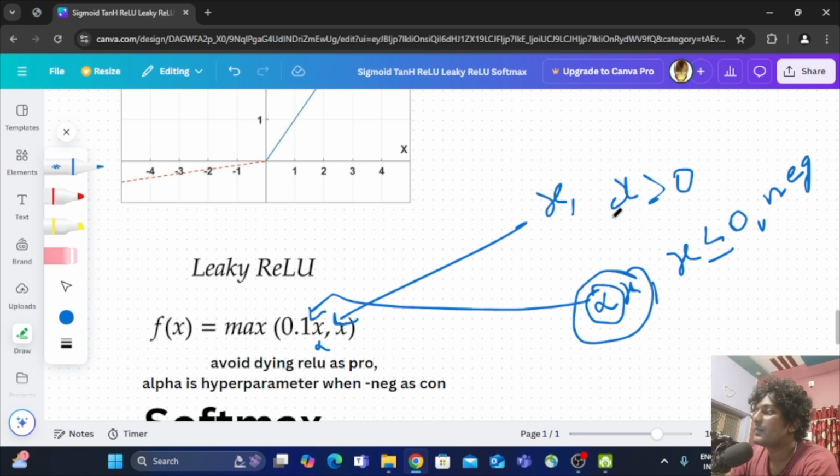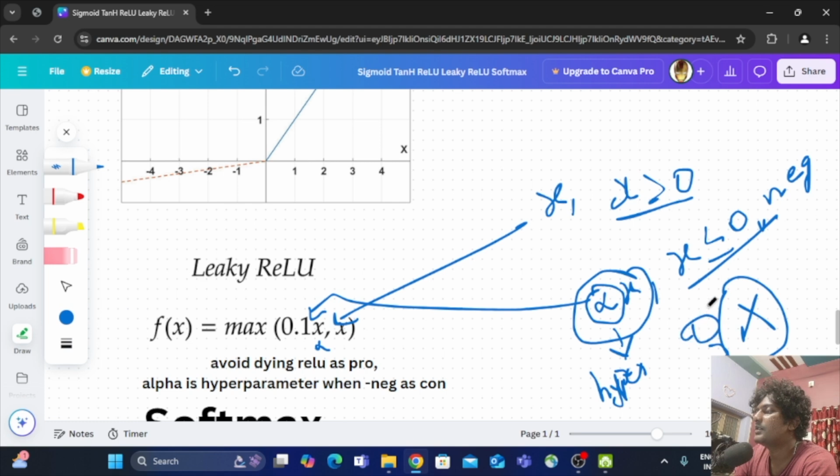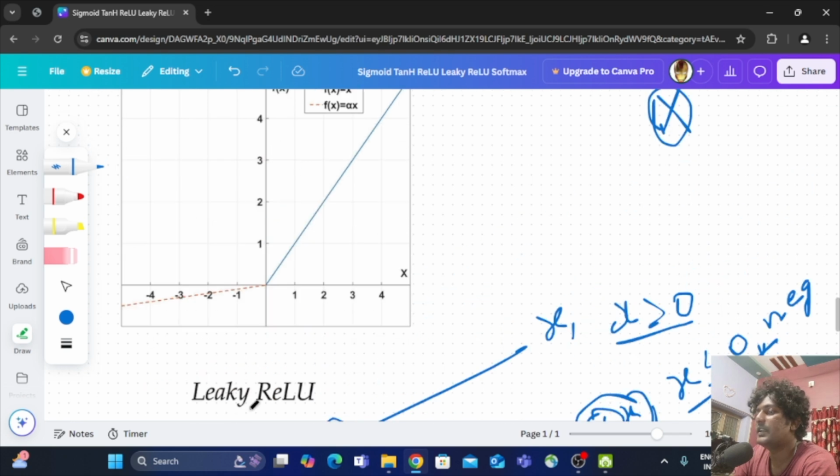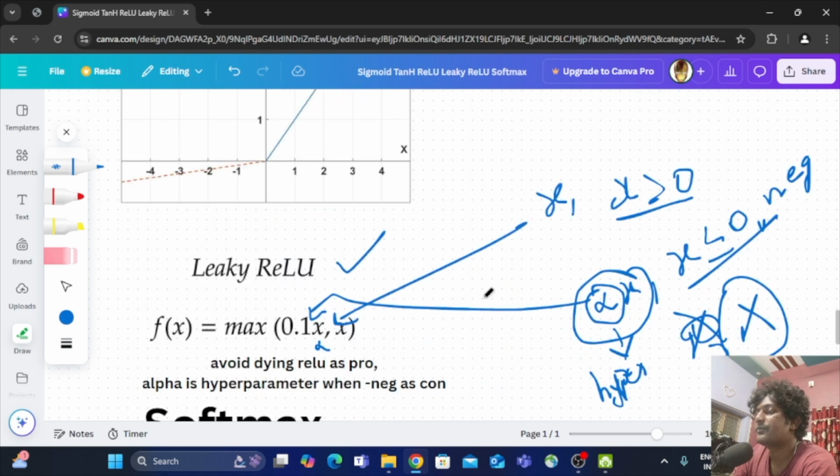If the given input is positive, there will be no problem. If the given input is negative, there will be an introduction of the hyperparameter called alpha. Because of this, the neuron will not be dead, because the value is not 0, so the neuron will not be in the dead state. So by using the Leaky ReLU activation function, we can avoid the dying ReLU problem.